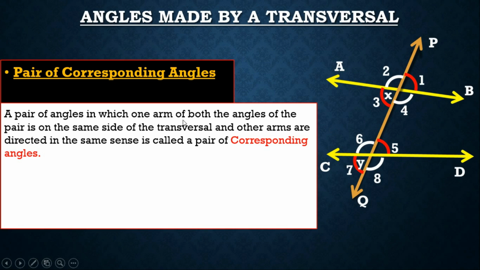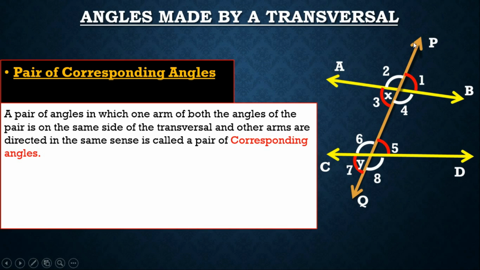Now the other arms are directed in the same sense. What is the meaning of same sense? It means the other arms are in the same direction. The arms PX and XY are in the same direction, moving upward.